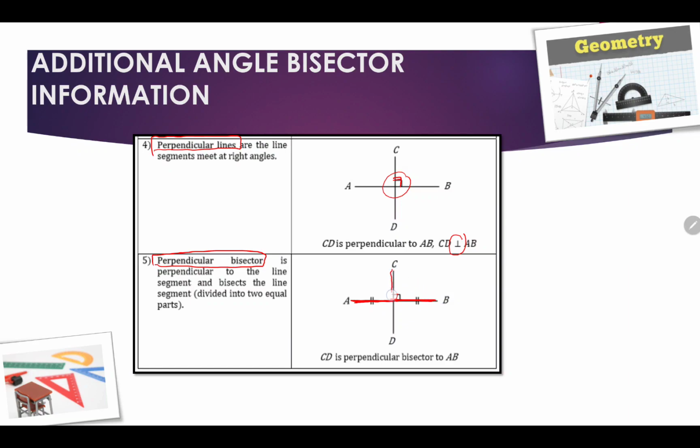So CD ni dia membahagikan tengah-tengah antara AB, so measurement kat sini sama dengan sini. So kita panggil dia CD is the perpendicular bisector of AB. Kalau CD yang ni perpendicular, yang ni tak sama dengan ni pun tak kisah, dia masih perpendicular. Tapi perpendicular bisector, dia mesti membahagikan sebelah kiri dengan kanan. Measurement dia mesti sama. Panjang dia sama.